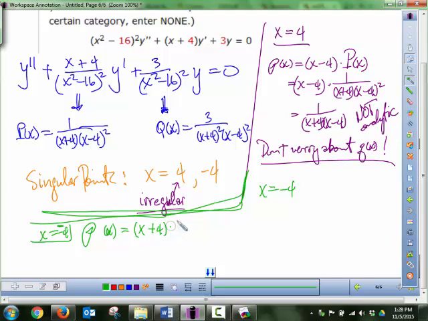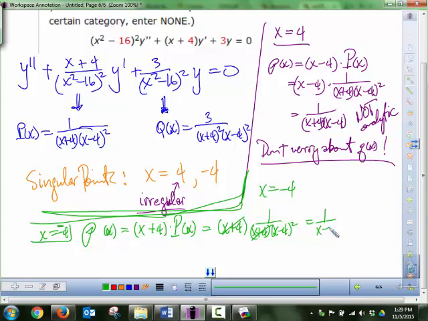That is x plus 4 times 1 over x plus 4 times x minus 4 squared, and we can happily cancel that out. So when we put x equal to negative 4 in here, we're not going to have an issue, right? So this is analytic.